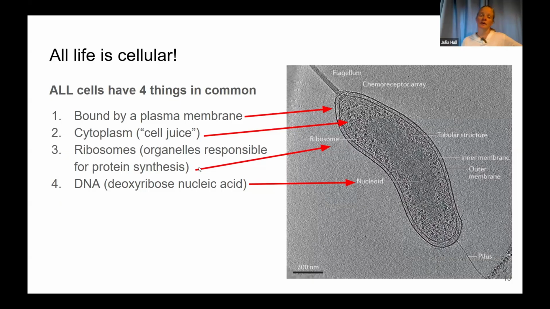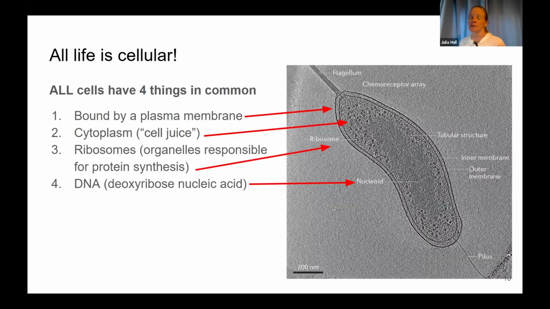The third thing that all cells have in common with each other is an organelle called a ribosome. These ribosomes are really important because this is how we build proteins. If you can't build proteins, you can't do all of these other characteristics of life that we're discussing with our R.O.A.C.H.E.S acronym.